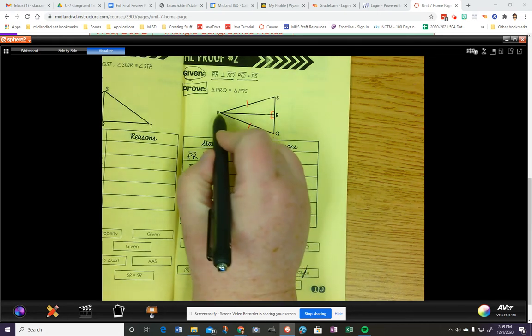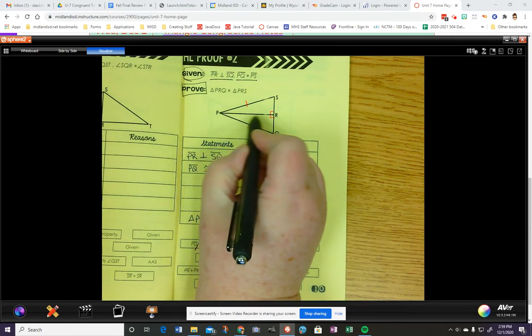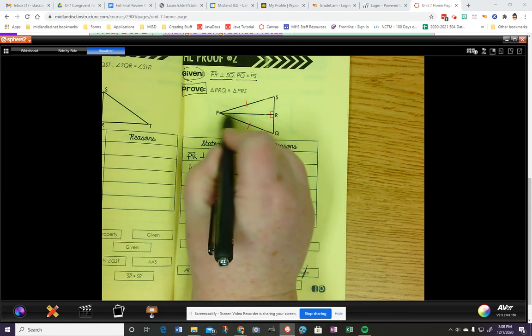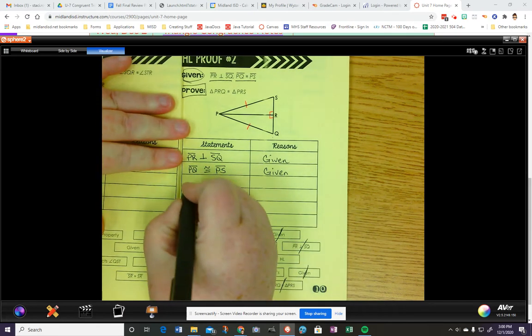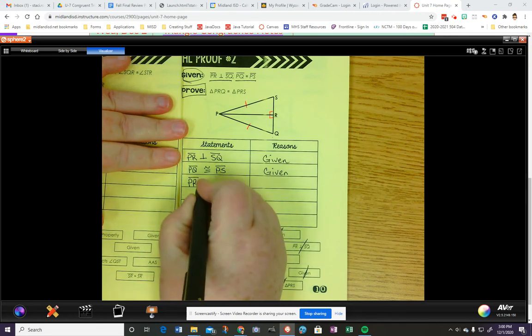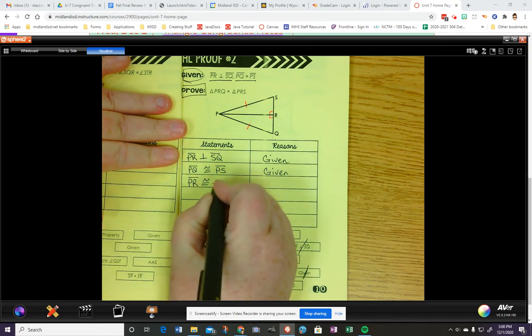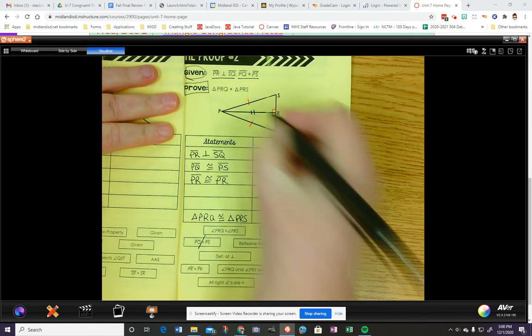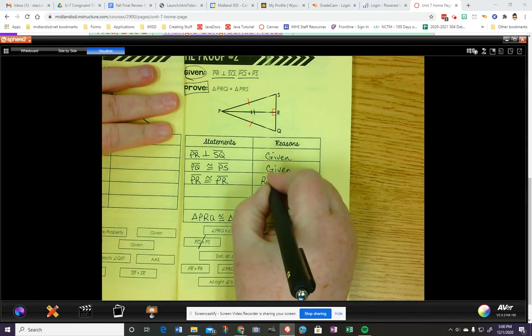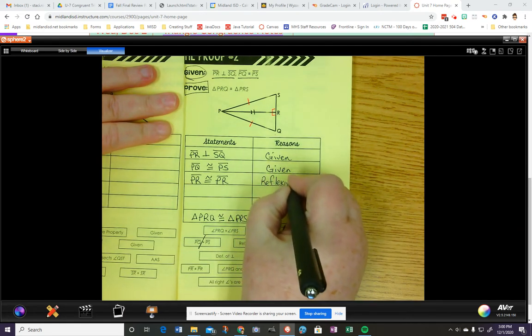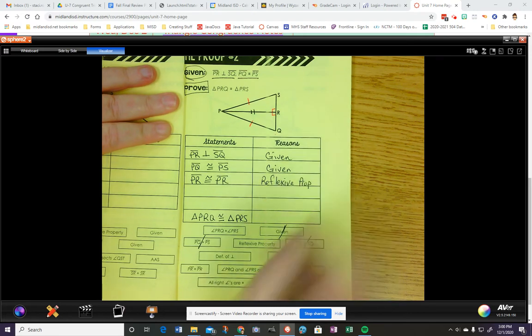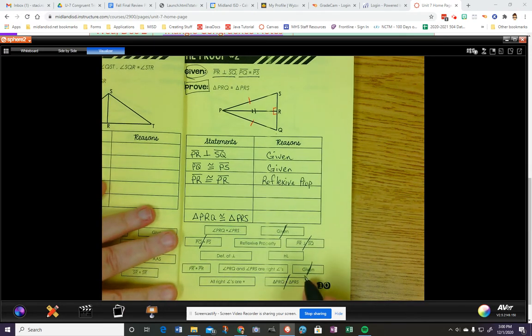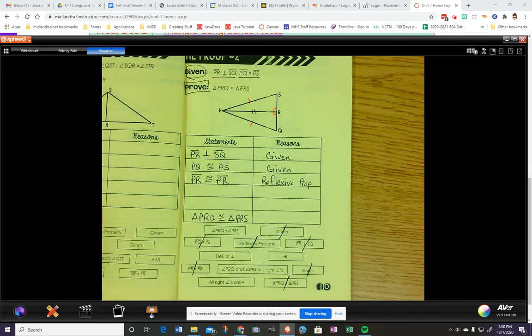So what can we say about PR right here? It's a leg, isn't it? Can we say that PR is congruent to PR, congruent to itself by the reflexive property? So PR to PR, there's that one, and there's the reflexive.